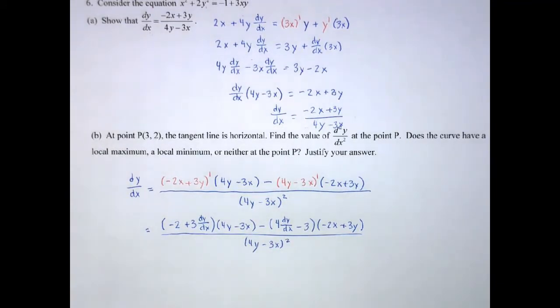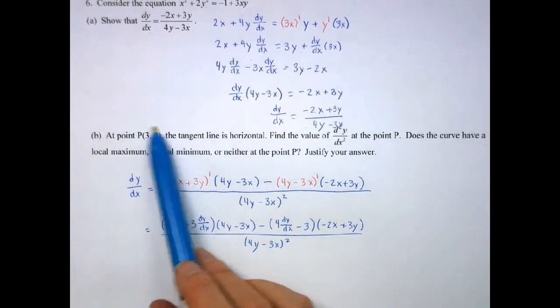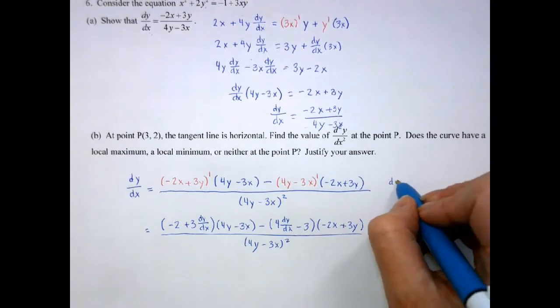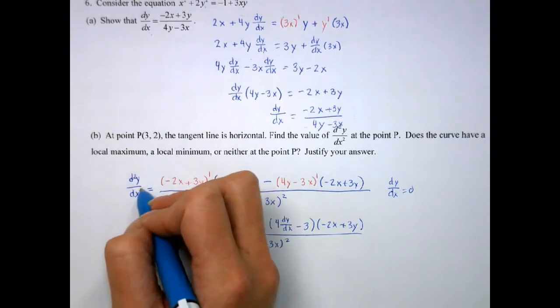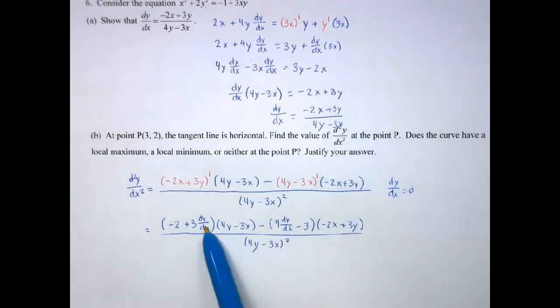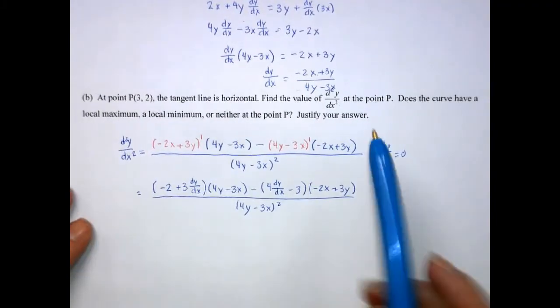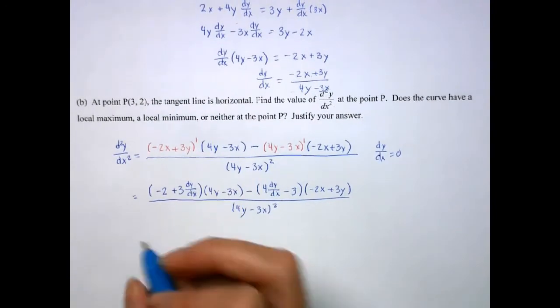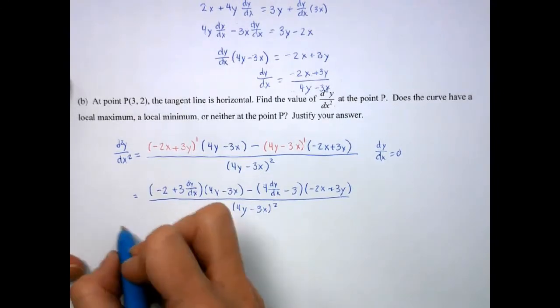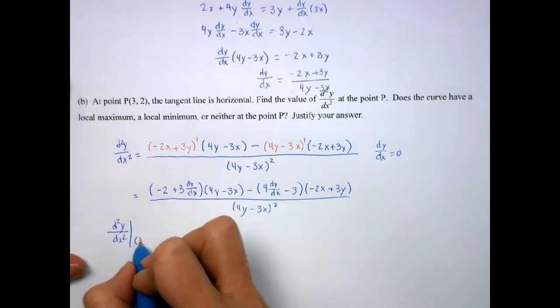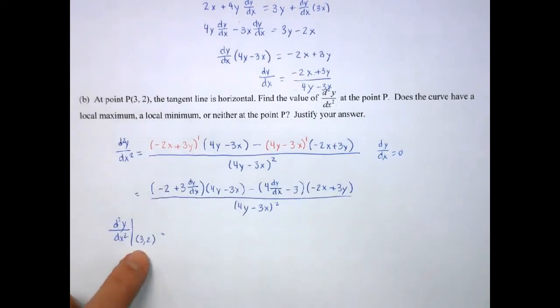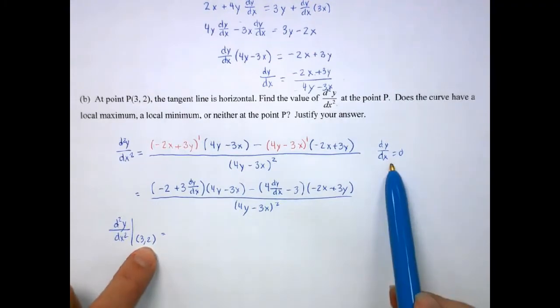Okay. Then we're evaluating this at the point 3, 2. So if you plug 3, 2 into this, dy dx is 0. If we were just asked for the second derivative, I didn't mark that, we'd have to substitute back in this equation in for these guys. But here I'm just evaluating at our point. So we're going to plug 3 in for x, 2 in for y, and 0 for dy dx.